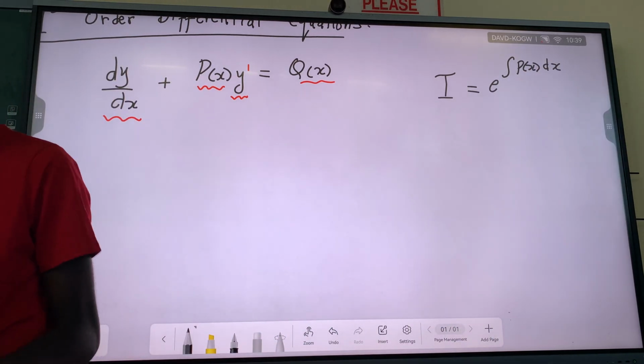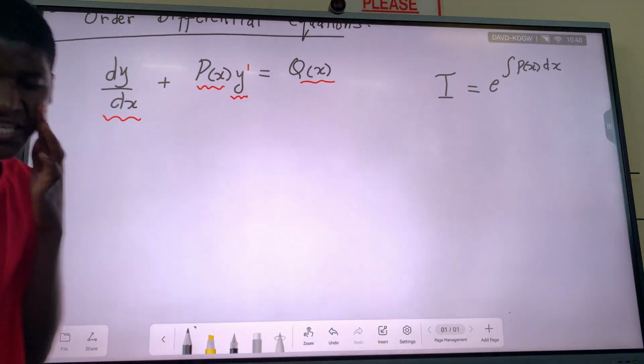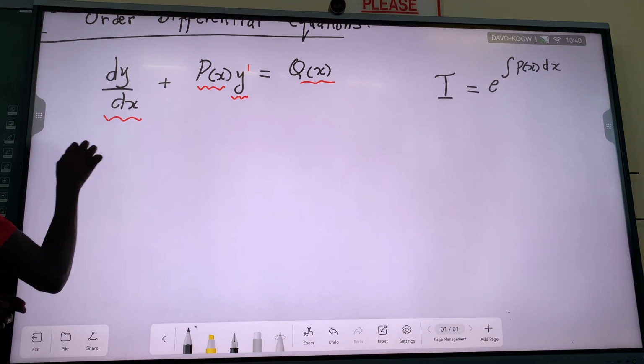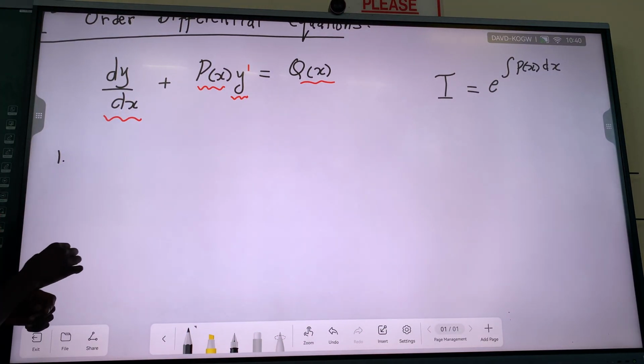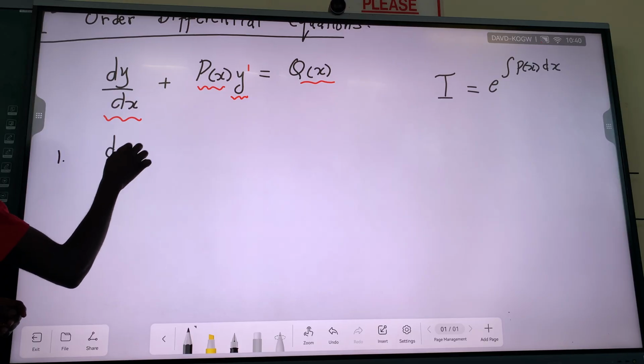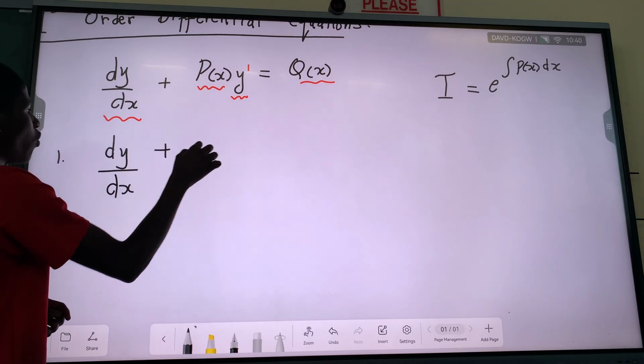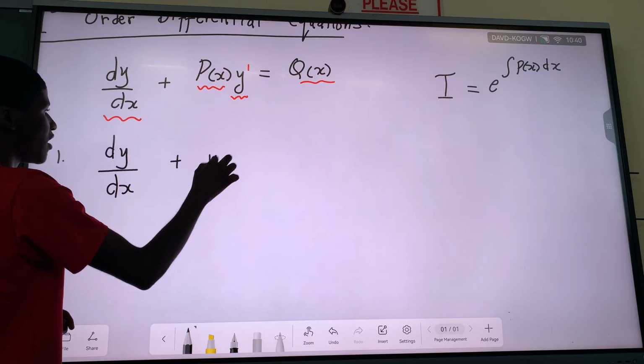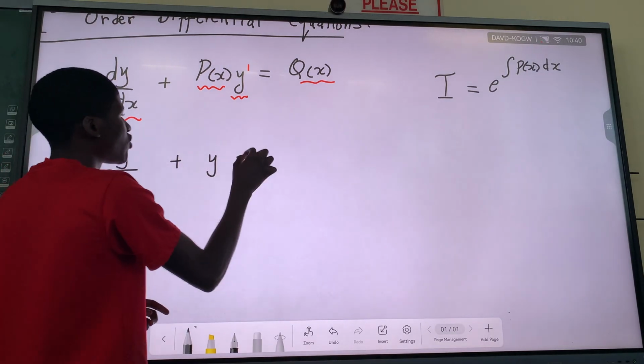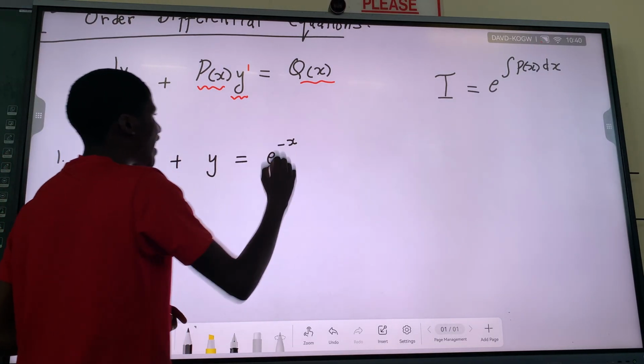Alright. Let's apply it so that it makes more sense. Let's say I've got the first example from one of the quizzes and tests: dy/dx plus y is equal to e to the power of negative x.